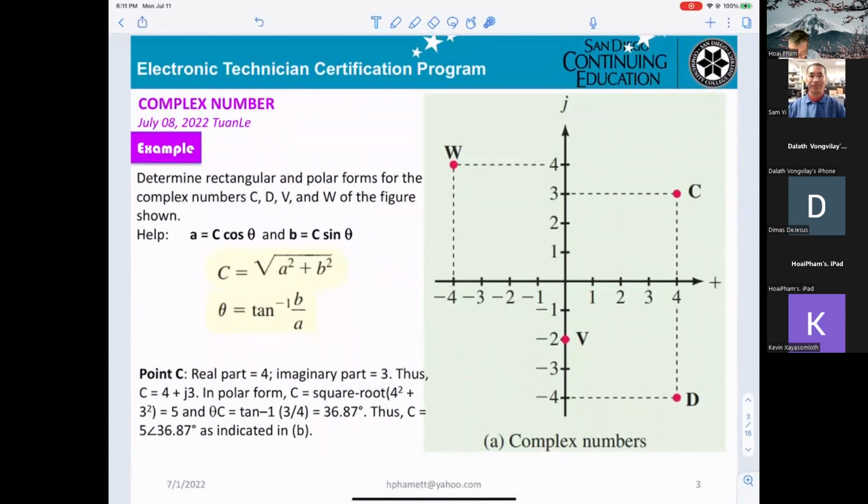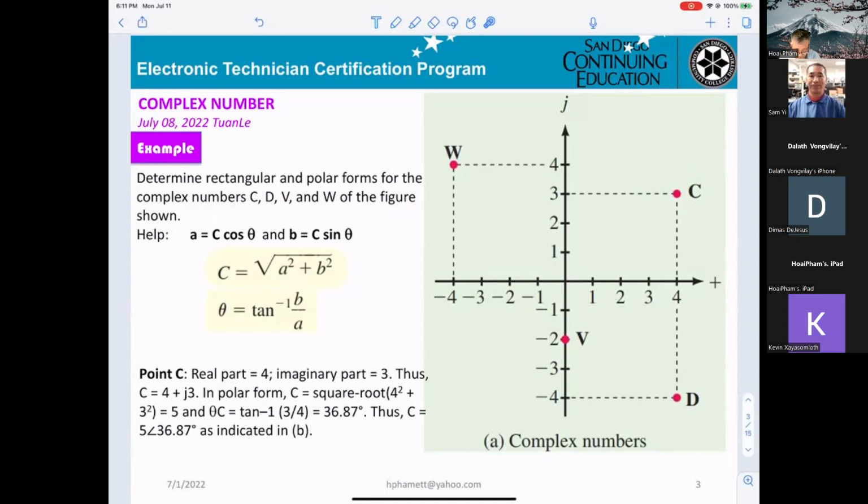They said determine the rectangular and polar form for the complex numbers C, D, V, and W here in the figure.